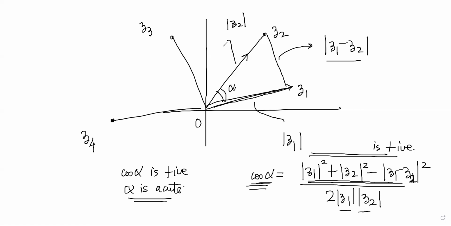Now, similarly, all of these angles will be beta and then gamma and then finally delta or something.